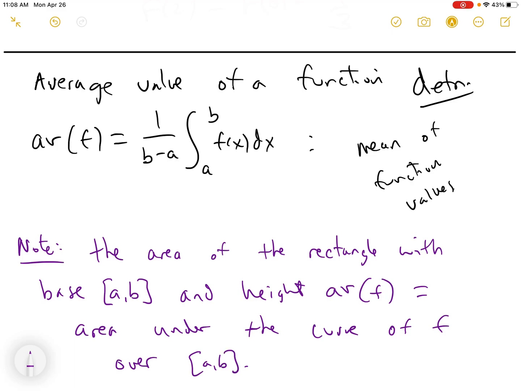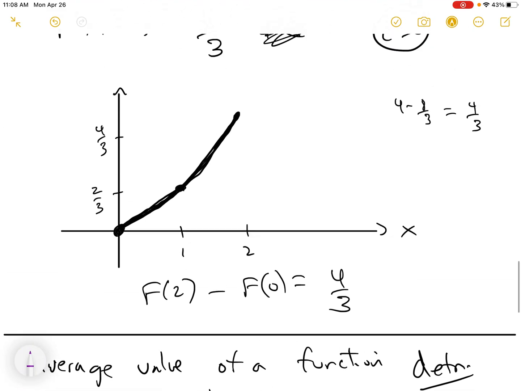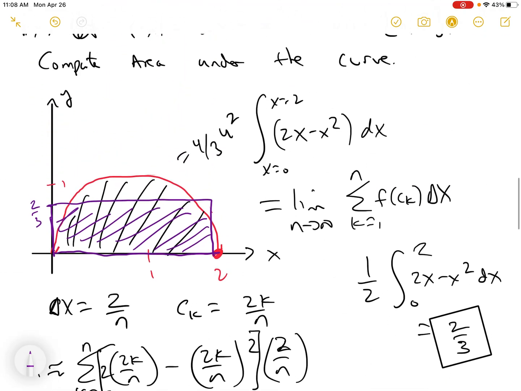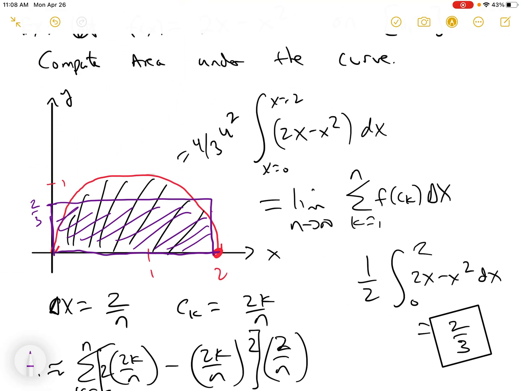We need this for the next video. But I love this picture because it basically says, I'm going to take this area that's under the curve, and this curve doesn't have to be as symmetric as, say, a parabola, and find the average value, and that gives me a nice rectangular shape that has the same area.